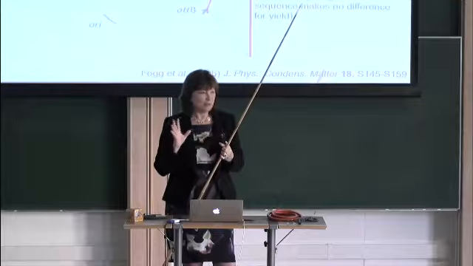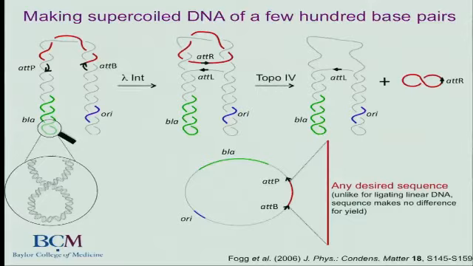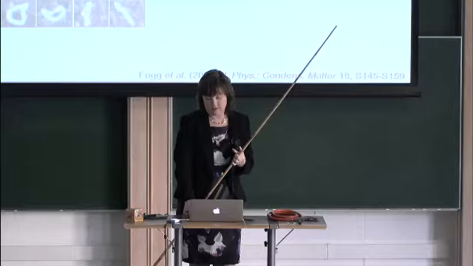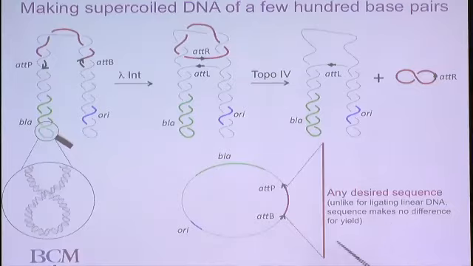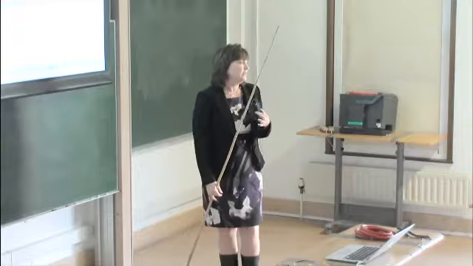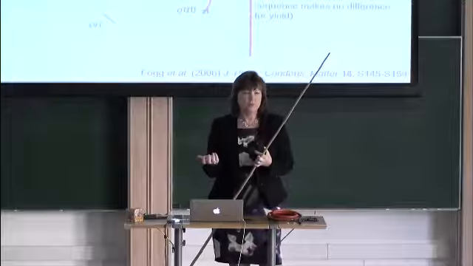In the 80s, people were already doing this, but we wanted a lot of these minicircles because we wanted to do a lot of experiments. All the methods previously were not suited. If you try to take linear DNA and bend it around and ligate it, you have to get the right kind of bending sequences, and of course the persistence length is a challenge. So you can get some circles, but with very poor yield.